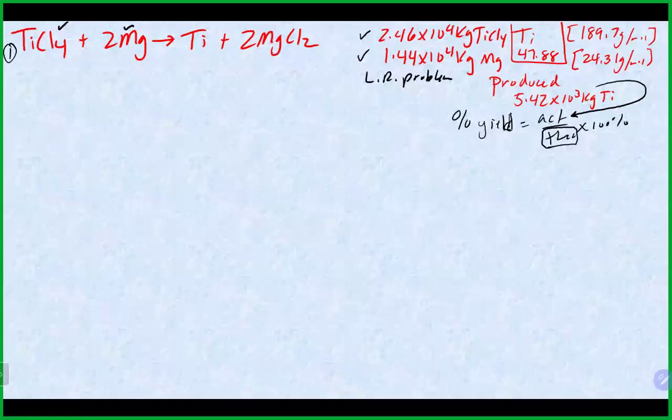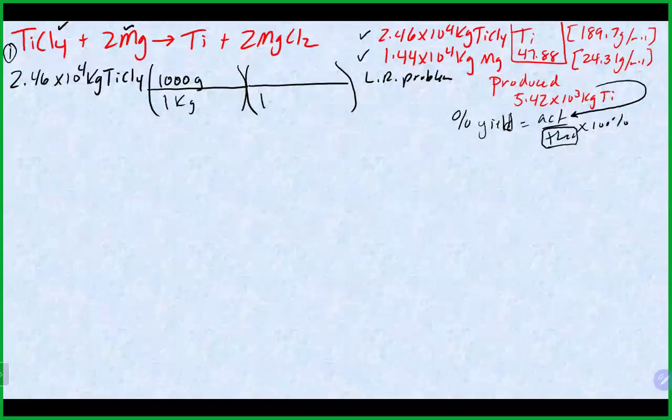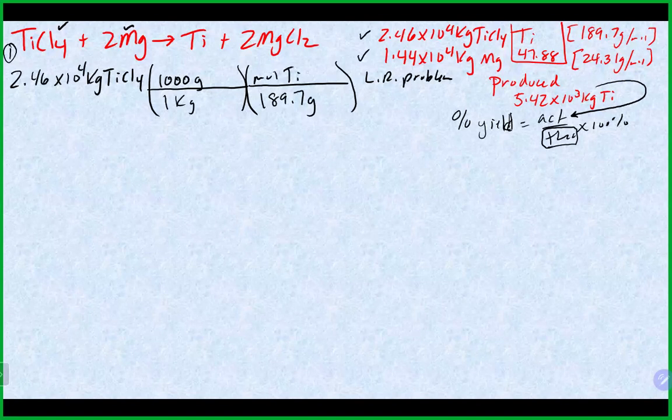So the next thing we're going to do is just like normal, going to take what they gave us and convert them into moles. So in this case, we got 2.46 times 10 to the 4 kilograms of TiCl4. I'm going to convert the kilograms into grams. So in 1 kilogram, there's 1,000 grams. Then I'm going to now use the molar mass that was given to us to convert those grams into moles here of TiCl4.